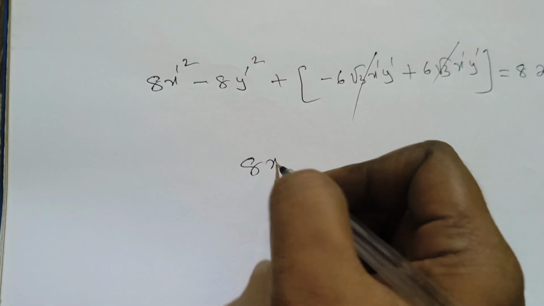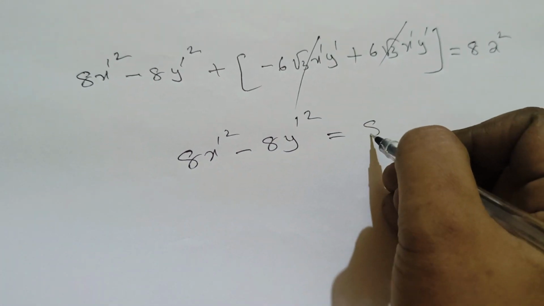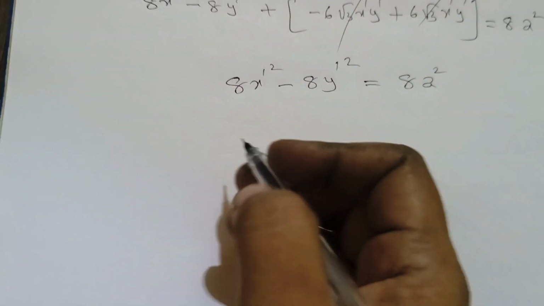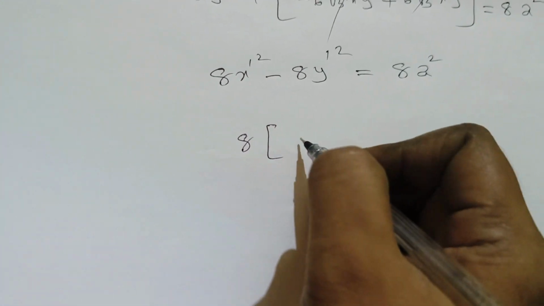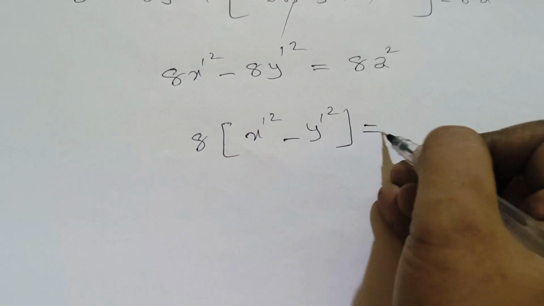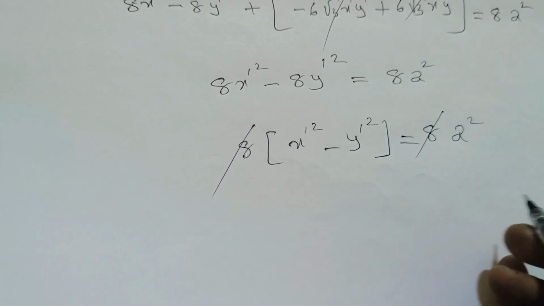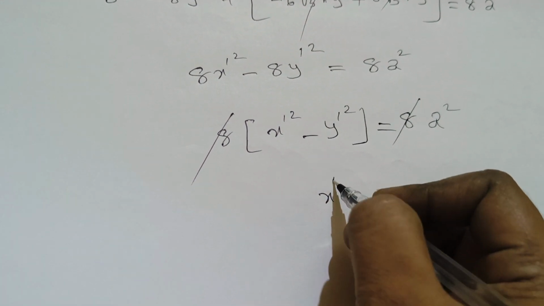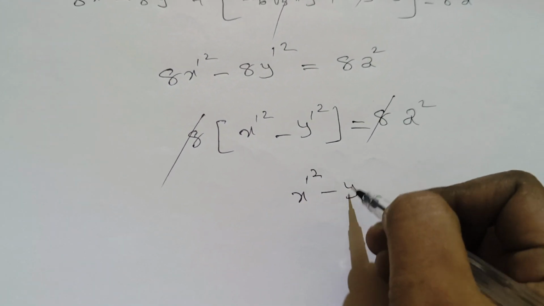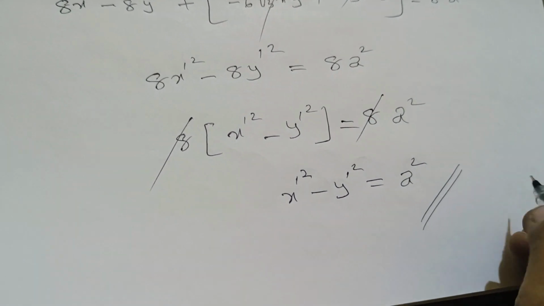So 8 x dash square minus 8 y dash square is equal to 8a square. We can take 8 common. Cancel 8 from the left and right side. The required answer: x dash square minus y dash square is equal to a square. This is our transformed equation.